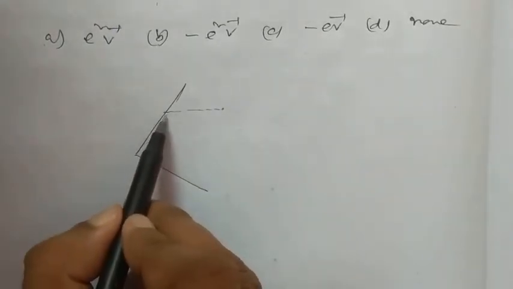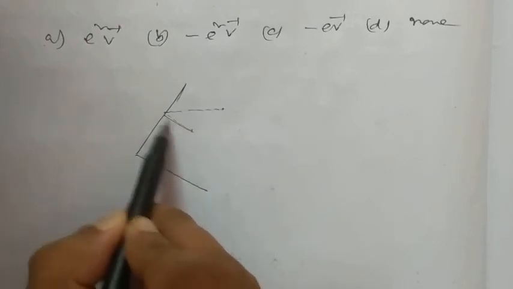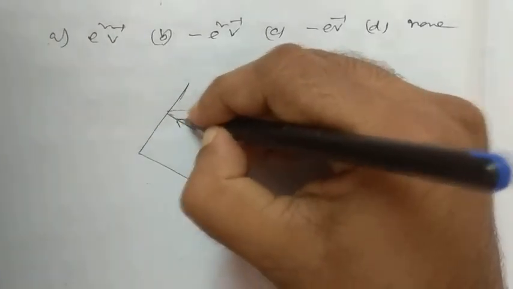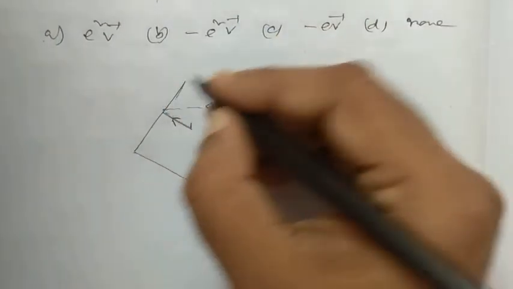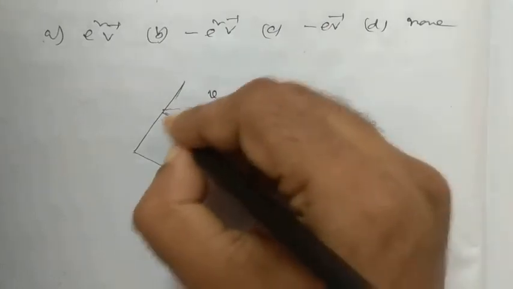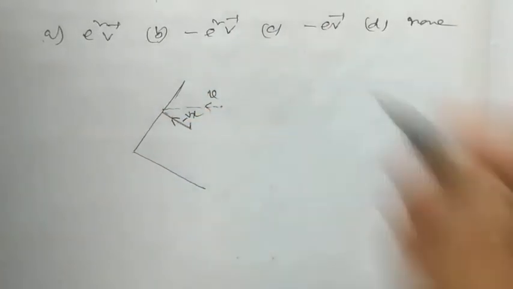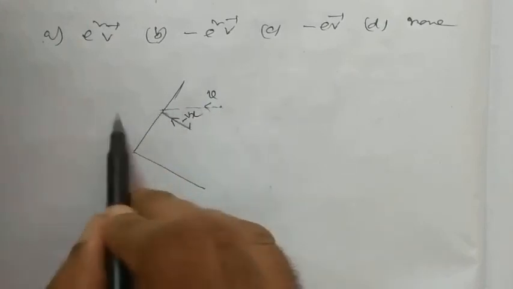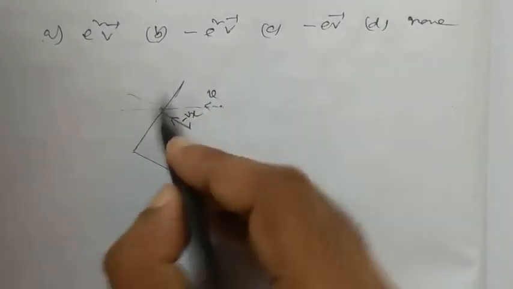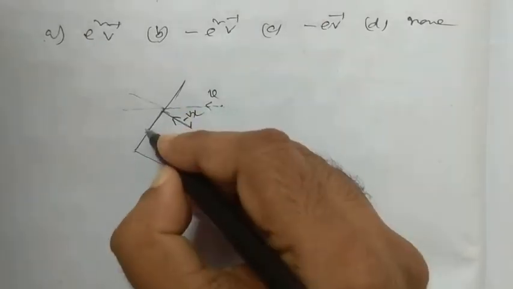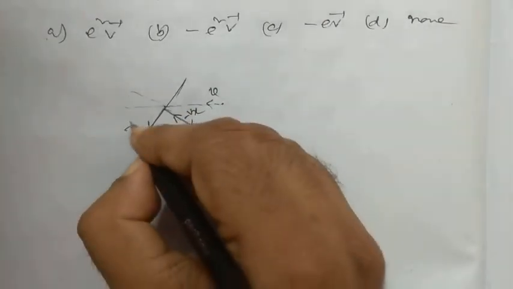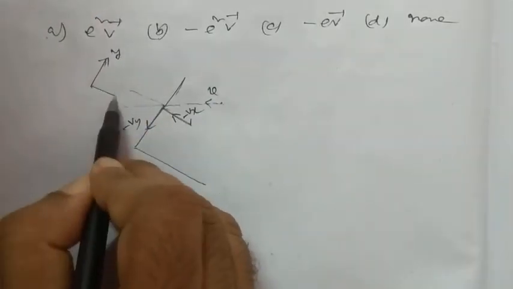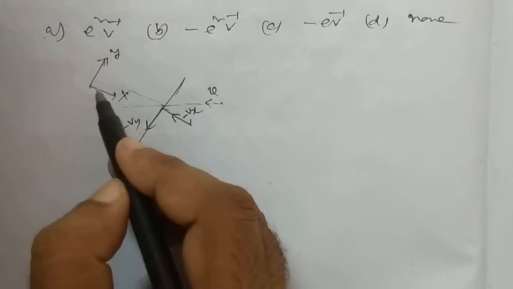So one will be along this direction, this is the x direction. If the ball is moving in this fashion, this velocity will be somewhat like minus Vx. One component is in this direction and another component will be along this direction. So this component will be minus Vy, because we have taken the positive y in the opposite direction.